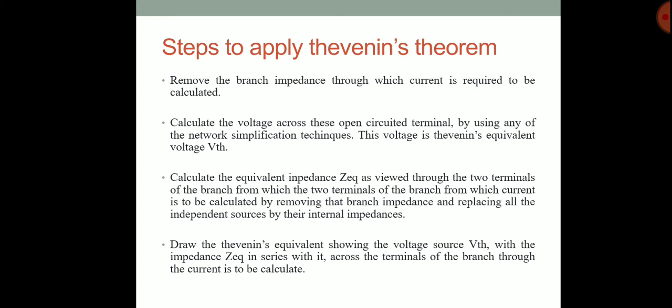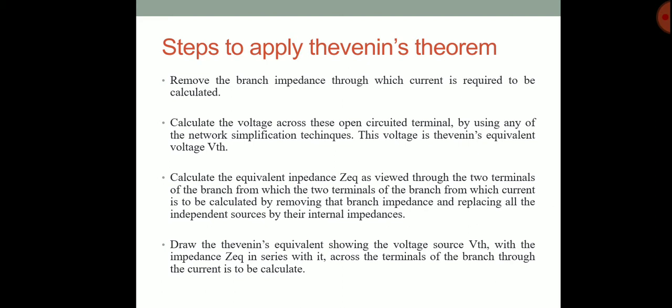This voltage is the Thevenin equivalent voltage, that is VTH. Step number 3. Calculate the equivalent impedance Z equivalent as viewed through the two terminals of the branch from which the current is calculated, by removing the branch's impedance and replacing all the independent sources by their internal impedance.